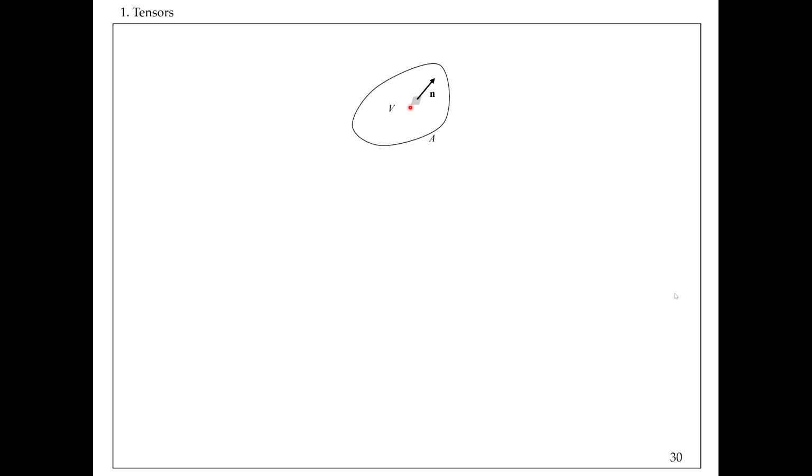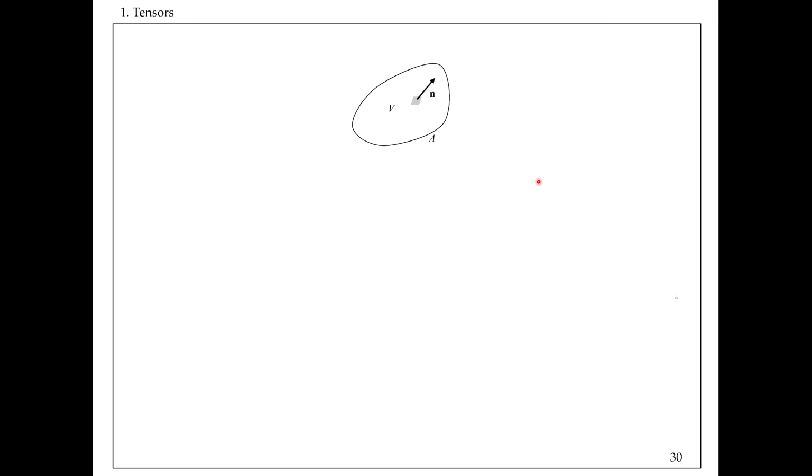And so there is some volume inside of this small potato, and the surface here is characterized at each point by the normal, right? And that obviously can change direction as we travel on the surface that encloses this volume.